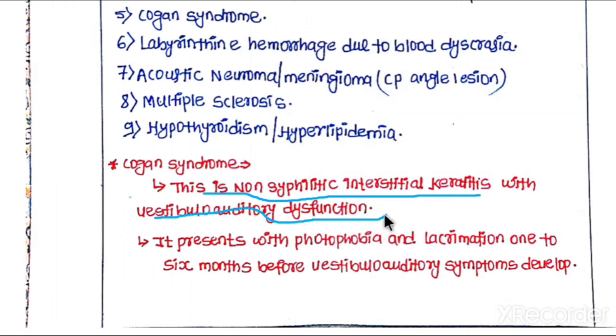It presents with photophobia and lacrimation 1 to 6 months before the vestibulo-auditory symptoms develop. The vestibulo-auditory symptoms like vertigo, tinnitus, and sensorineural hearing loss occur later on in Cogan syndrome, maybe after 6 months.